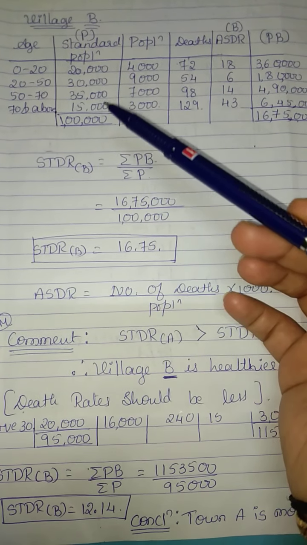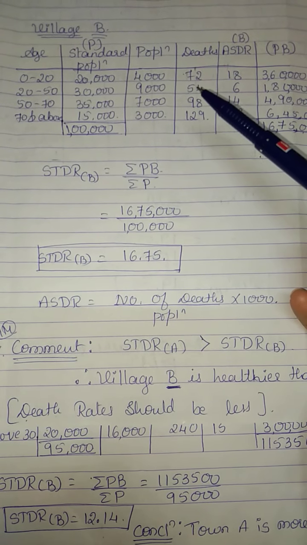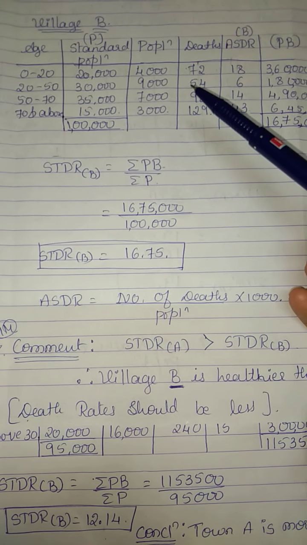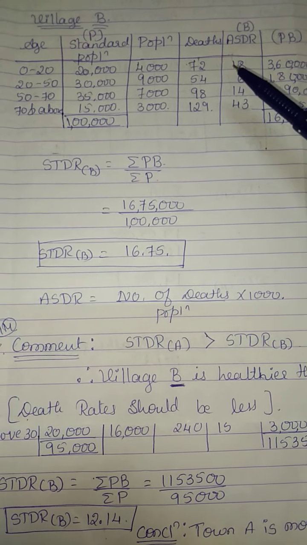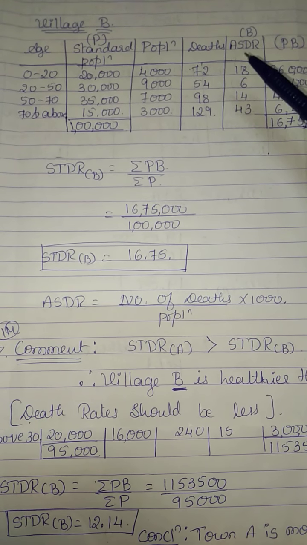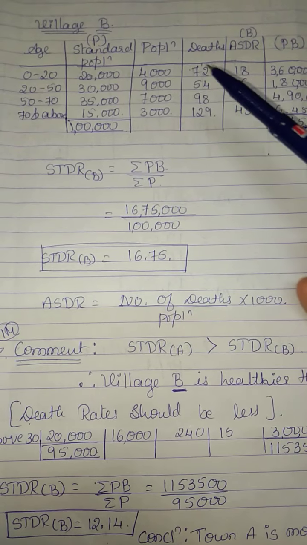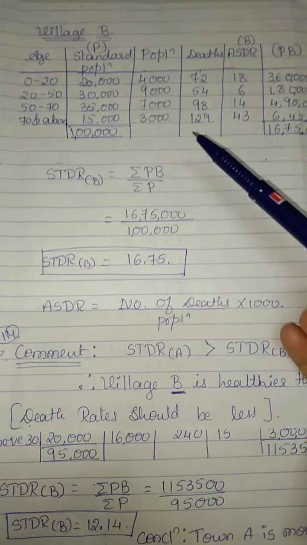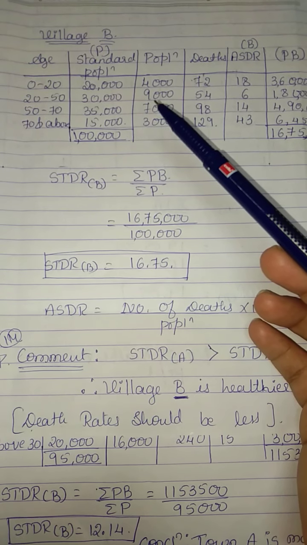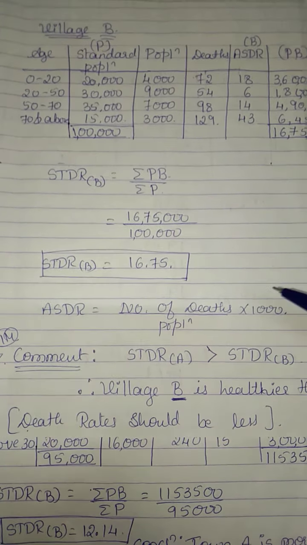Age group, standard population is also the same, and population and deaths I have taken from village B from the question. I have calculated ASDR, age specific death rate: 72 divided by 4000 into 1000. You'll get this number. 54 divided by 9000 into 1000. I'll get this number. So similarly do the remaining.